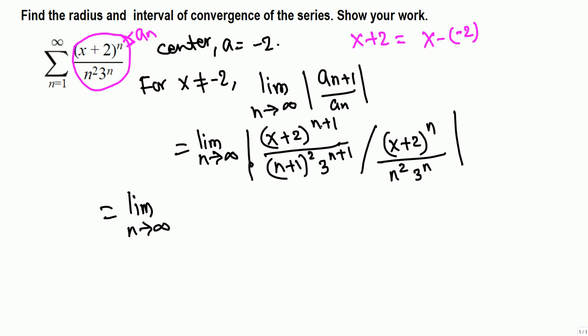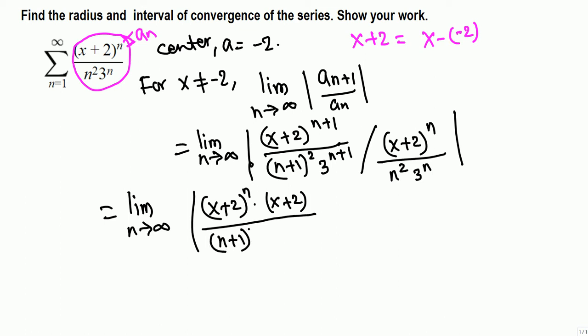Okay, let's continue this limit. (x plus 2) raised to n plus 1, let's factor so that we can cancel: (x plus 2)^n times (x plus 2) to the 1, over (n plus 1) squared. Let's do the same thing with the bottom: 3 raised to n plus 1 is the same as 3^n times 3. Let's change division into multiplication.